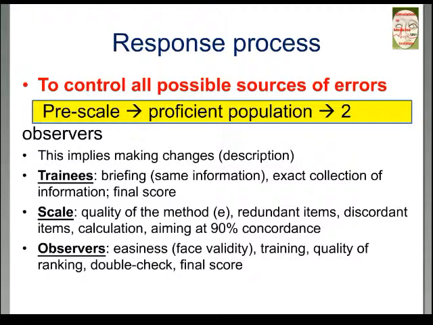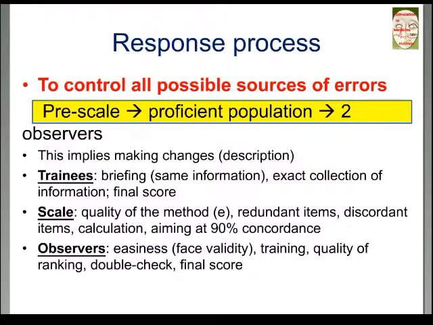To do so, the prescale should be run on a proficient population, at least 10 persons, who will be used as guinea pigs. To reinforce this step, you can already involve 2 blinded observers and use their discordances as sources of improvement of the prescale.